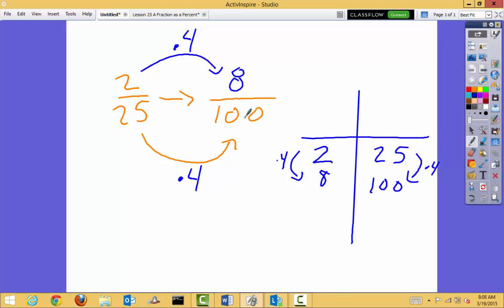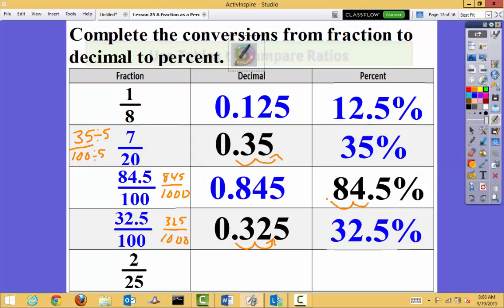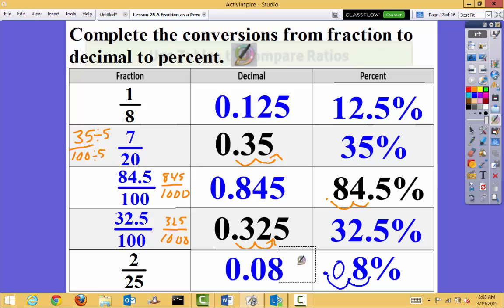Well, it's over 100, so all I do is add that percent sign. Now, how do I get this 8% to become a decimal? Well, I take my decimal and I move it 1, 2 spots over. I add that 0 as a placeholder, and I see it's going to be 0.08. Alright.